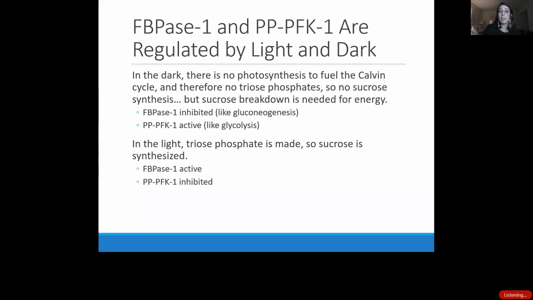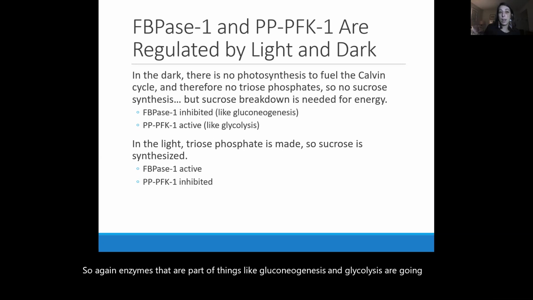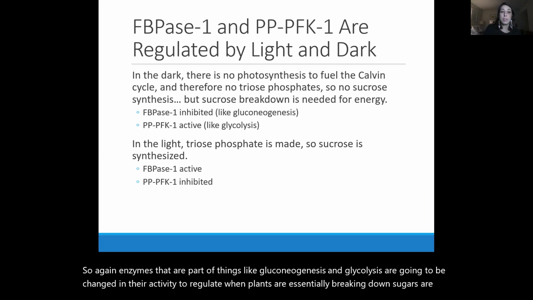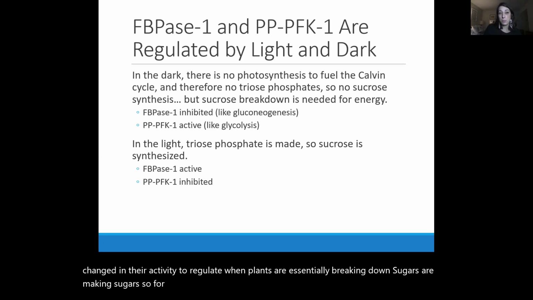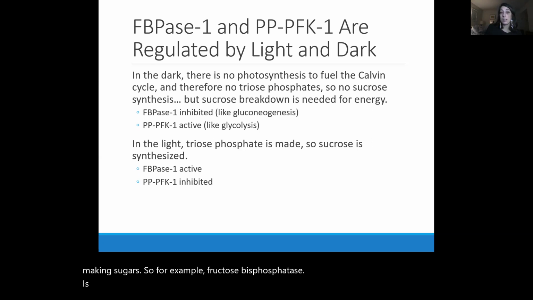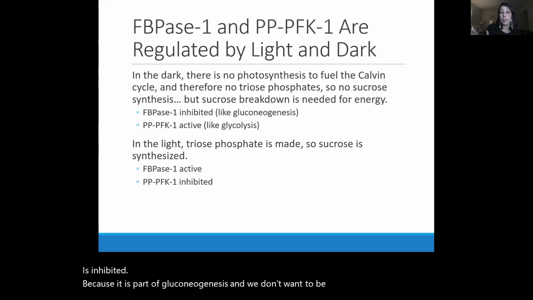So again, enzymes that are part of things like gluconeogenesis and glycolysis are going to be changed in their activity to regulate when plants are essentially breaking down sugars or making sugars. So for example, fructose bisphosphatase 1 is inhibited because it is part of gluconeogenesis, and we don't want to be making sugar in the dark.